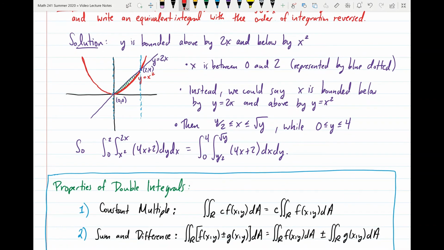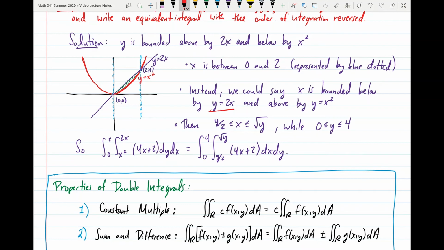And instead, we could say that x is bounded below by the function y equals 2x and above by the function y equals x squared. But of course, then we want to write the function in terms of y. So we want to give x in terms of y as opposed to y in terms of x. So to take this y equals 2x and write it as a function of y, we divide by 2.